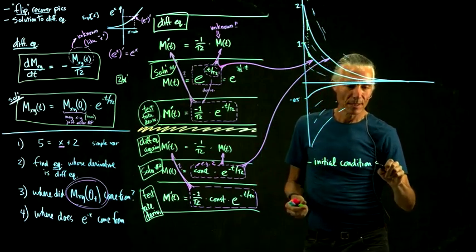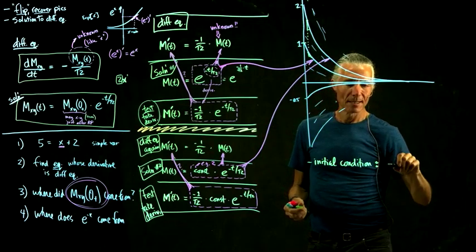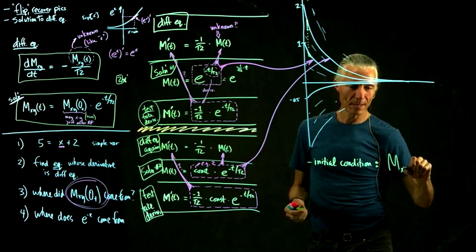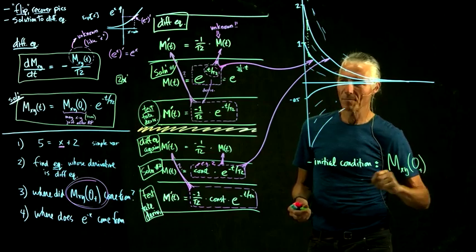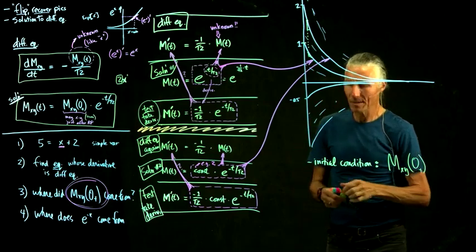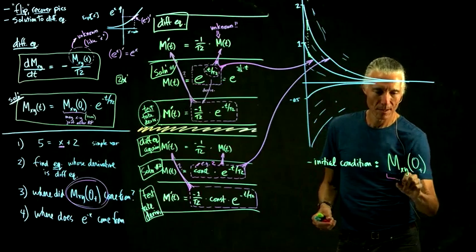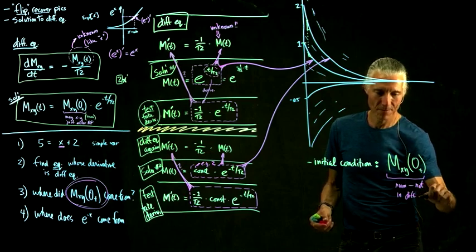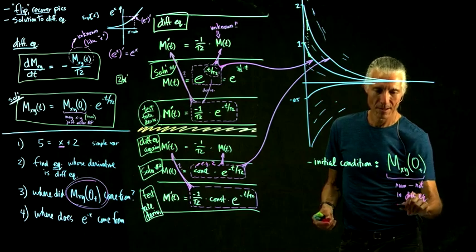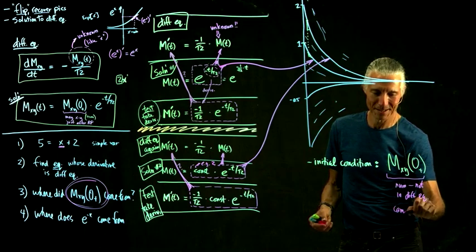So our initial condition is this number, how much XY magnetization you started with, right after you turned off the RF pulse. So that's just a number. It's not in the differential equation. It came from the solution.